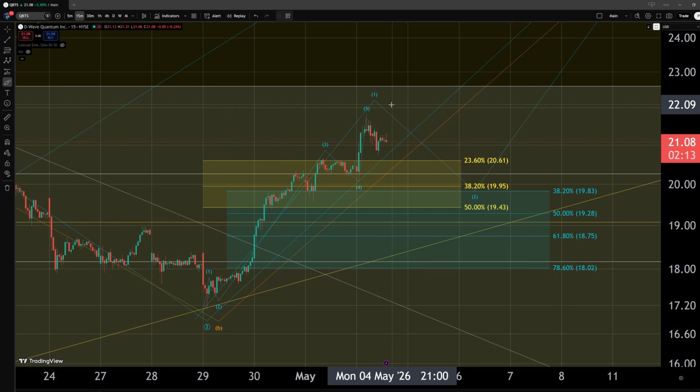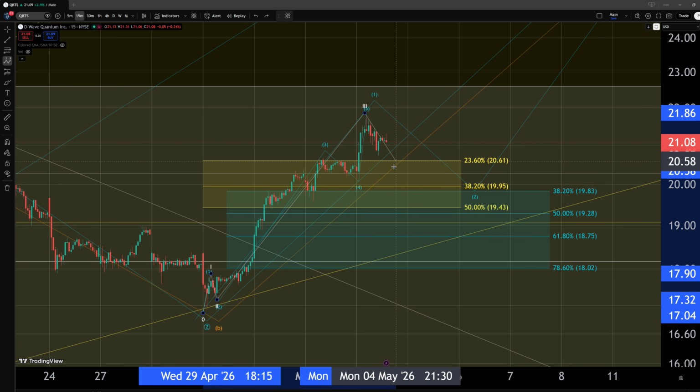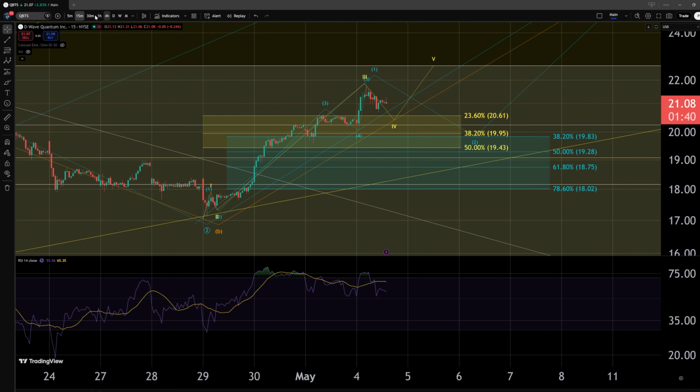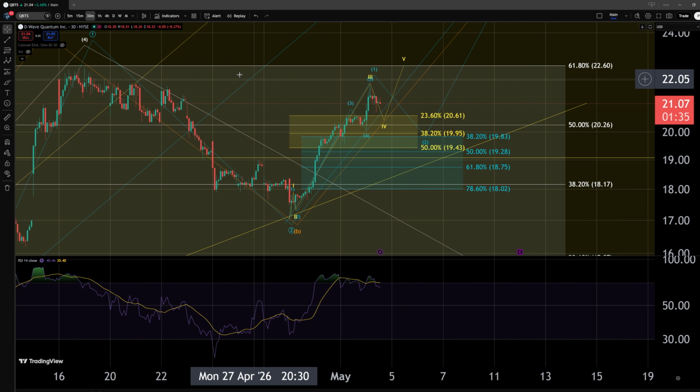Now, at this point, it seems likely that at least the wave 4 correction for this yellow count that I will be adding here in a moment would have started. We already see decent divergences within this movement to the upside that can allow us to consider even a top to be in place. So I wouldn't take that for granted.